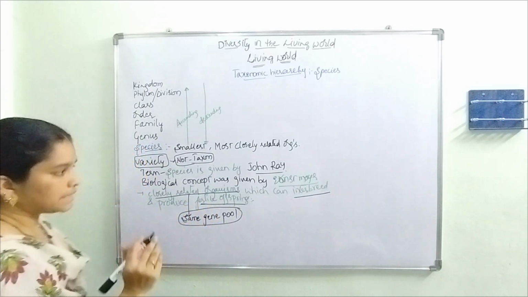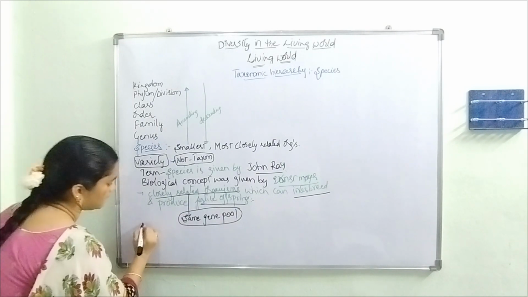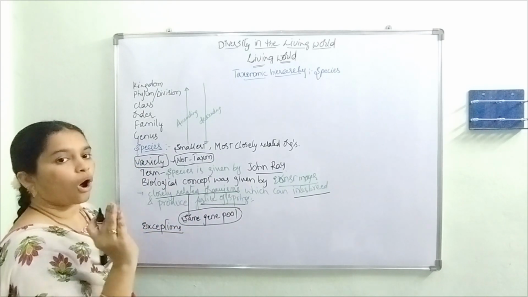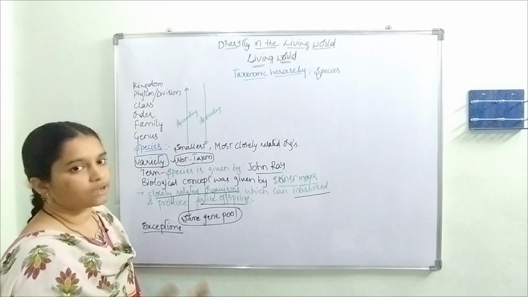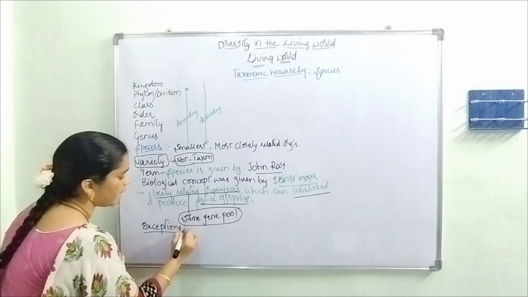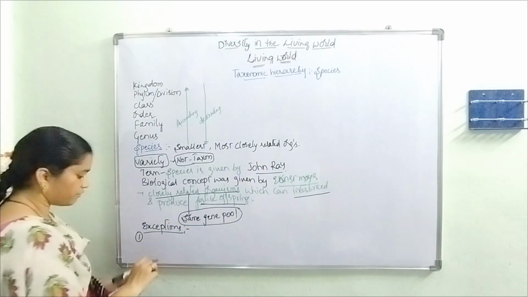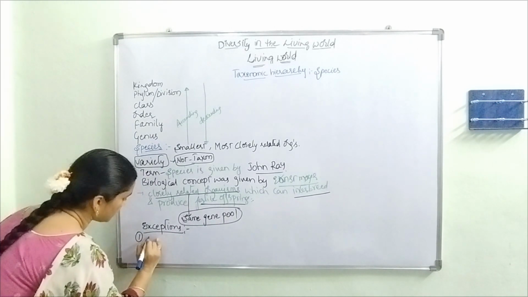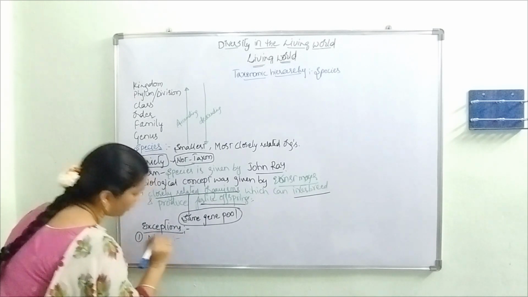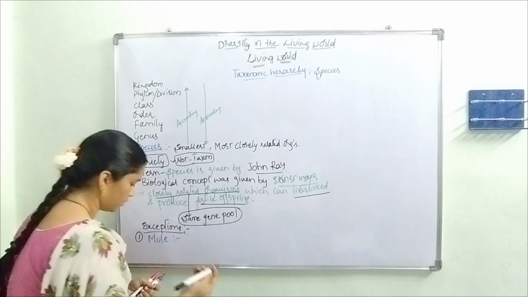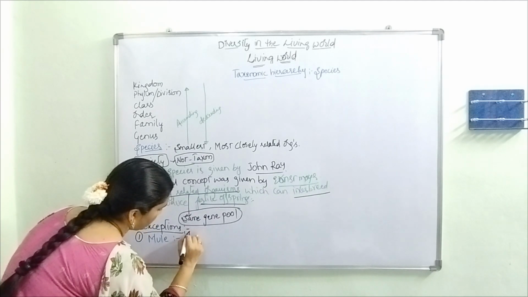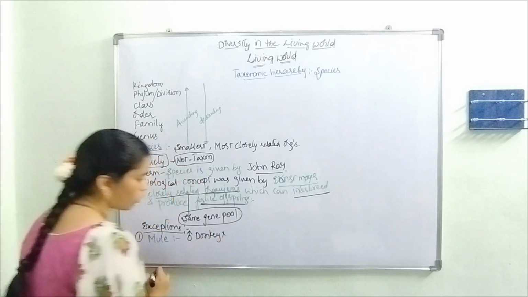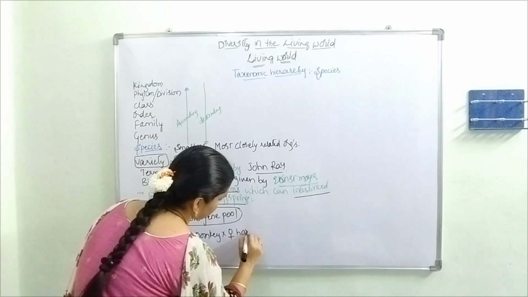Now let's see some of the exceptions, which do not produce offsprings, or cannot reproduce. First exception is the mule. Mule is produced by a male donkey crossed with a female horse.